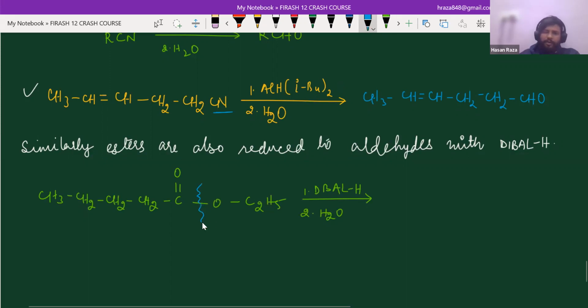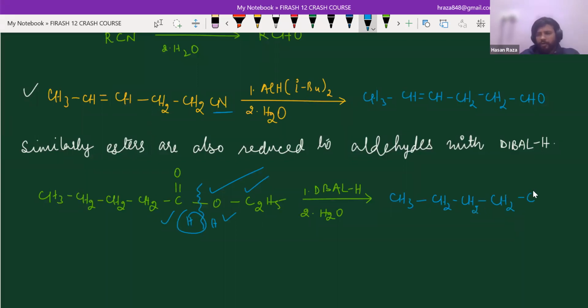It will be reduced. This part will be broken and hydrogen will be added to this and hydrogen will be added to this, so it becomes alcohol and this becomes aldehyde. So this will be basically CH3, CH2, CH2, CH2, and then it will be converted into C double bond O and then H. Please do that.